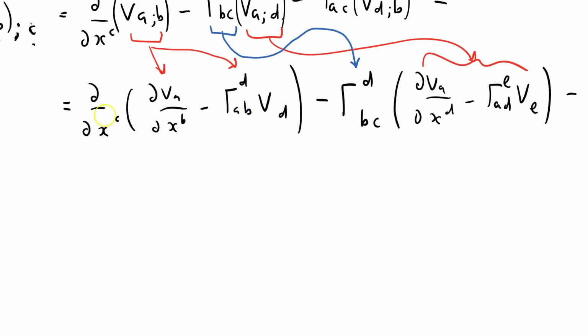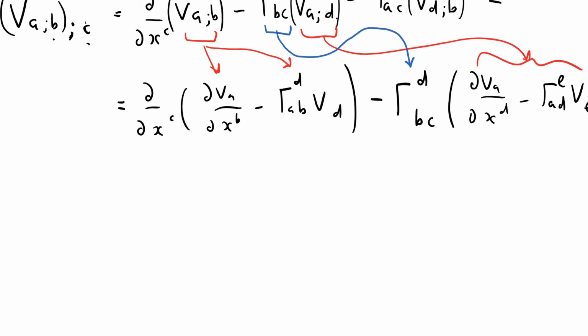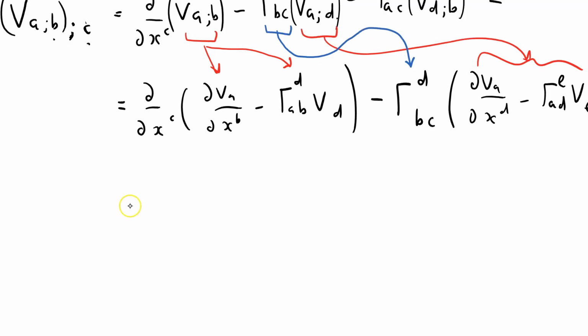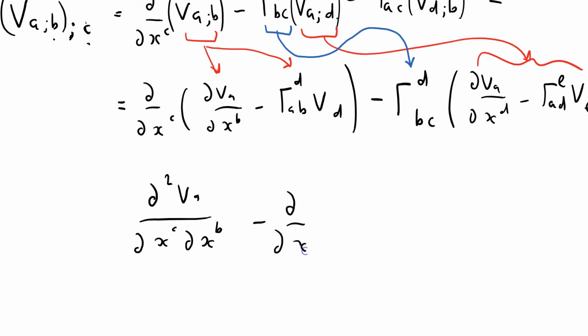Okay, so now I can go back to treating it symbol by symbol, so I better go back to black. Di 2 VA by di XC di XB minus di by di XC.